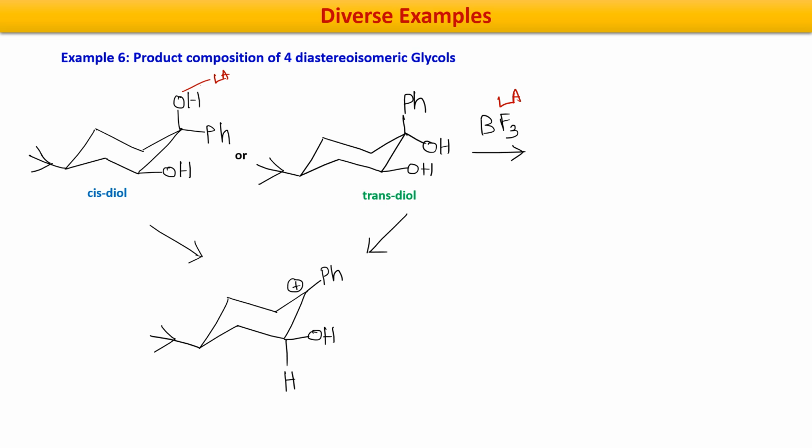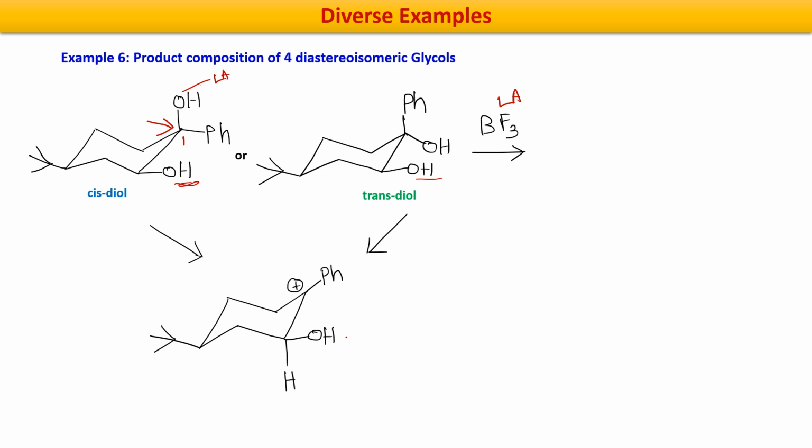Whether it is a full carbocation or partial, it will be stable at carbon number 1 because the pH group is there. So you will never make a complex with the Lewis acid at this OH or this one. It will always be at the OH which is present at C1.